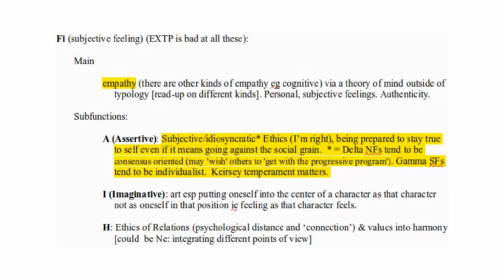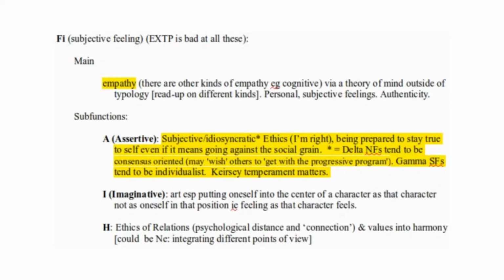Imaginative, especially putting one's art and especially putting oneself into the center of a character, as that character, not as oneself in that position. Okay, yeah, I've seen ISFPs be really good at this and also do it just for fun. Ethics of relations. Could be any, integrating different points of view.